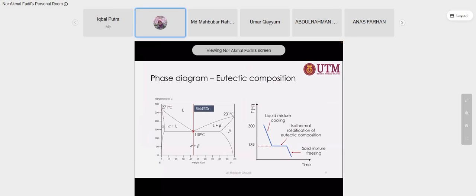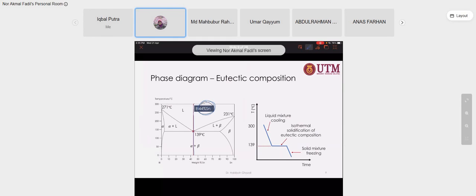Now, just now we talked about 2% of stannum inside the bismuth. Now this is another alloy, which is still bismuth plus stannum, but this alloy contains 44% of stannum. This 44% of stannum falls exactly at the eutectic composition.